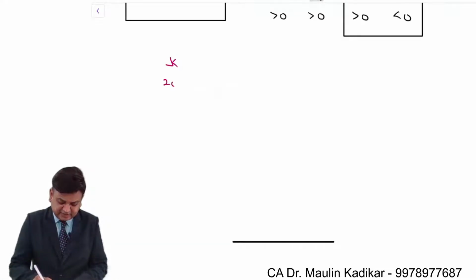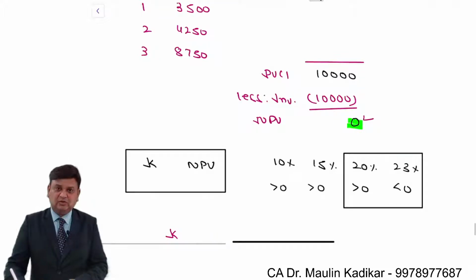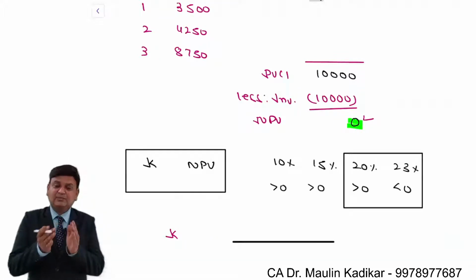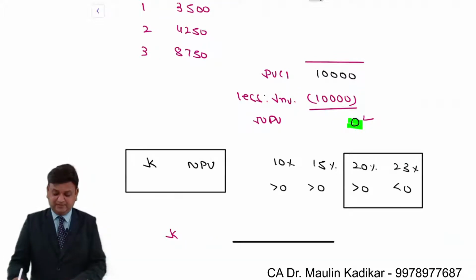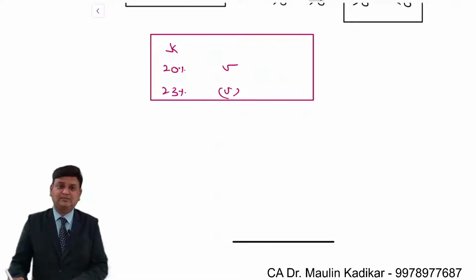Means at the rate of 20% NPV is positive, at the rate of 23% NPV is negative. So what must be the discounting rate at which NPV of the project would be 0? That interpolation is required to be done. Whatever this process that we have done, friends, is given the technical name of interpolation.